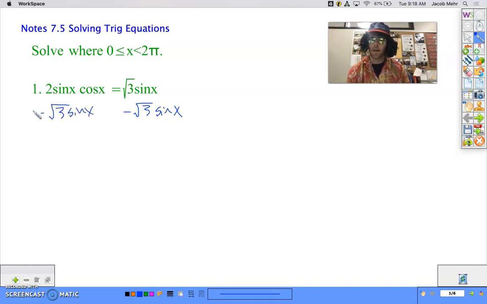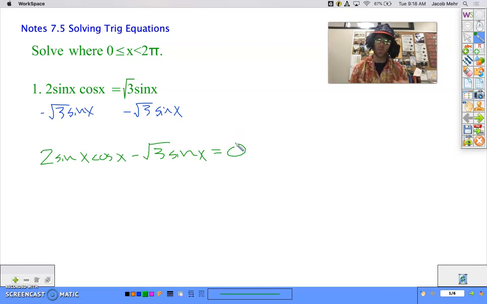Okay, now on the left side, those aren't like terms, right? So we're just going to have to write that as 2 times the sine of x cosine of x minus the square root of 3 sine of x equals 0. Okay, so that's good. We got it equal to 0.